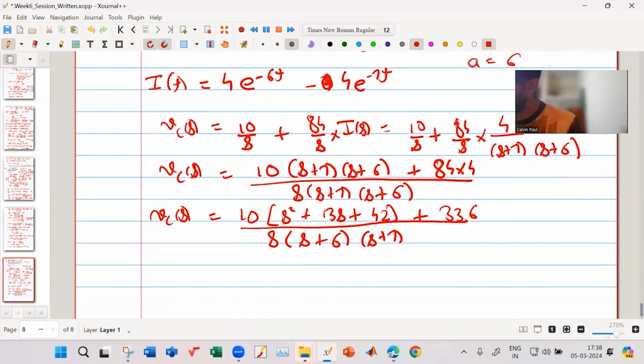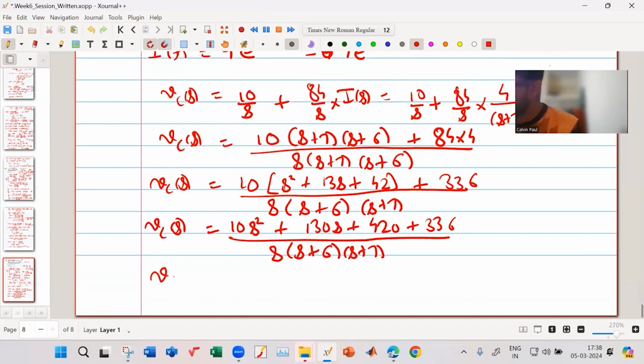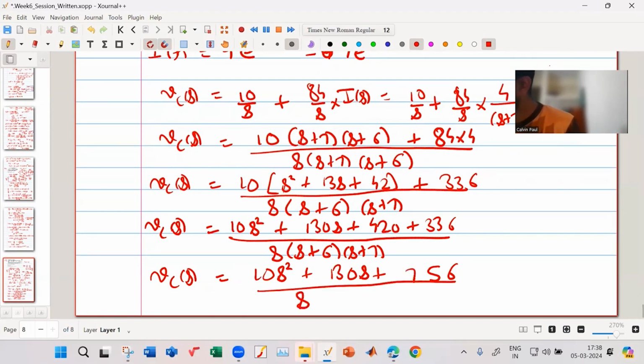So VC of S is equal to 10S square plus 130S plus 420 plus 336 divided by S into S plus 6 into S plus 7. 420 plus 336 becomes 756. Is this clear?